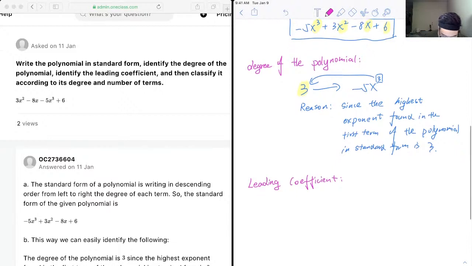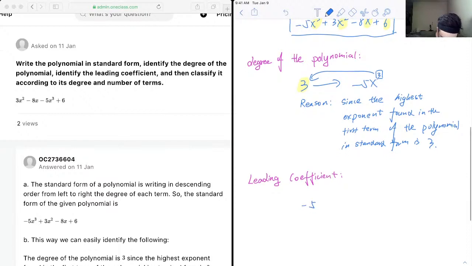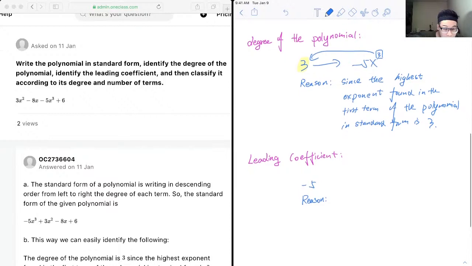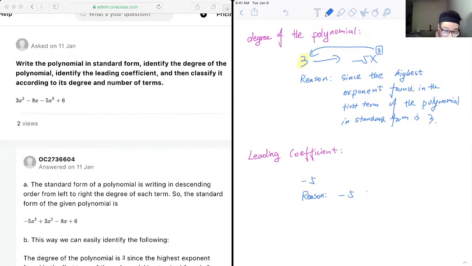The leading coefficient should be negative 5 in our case, and the reason is that negative 5 is the coefficient attached to the variable that has the highest degree.